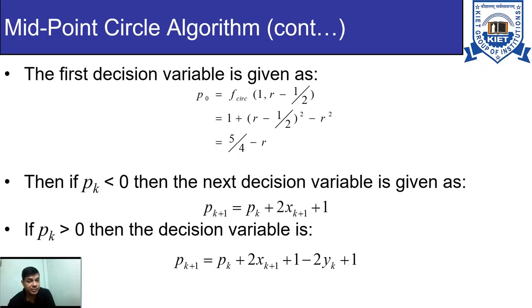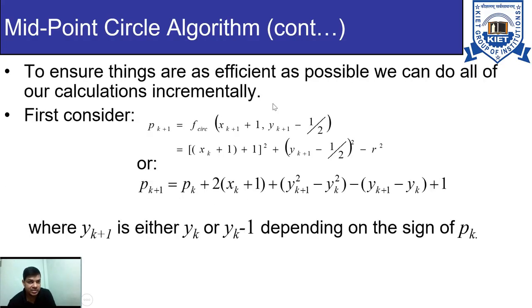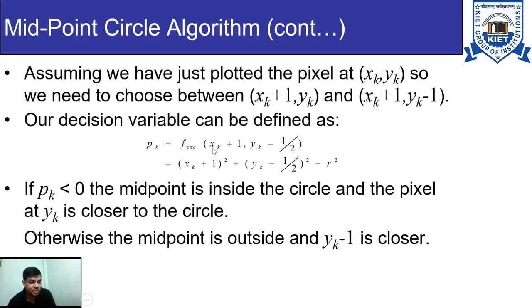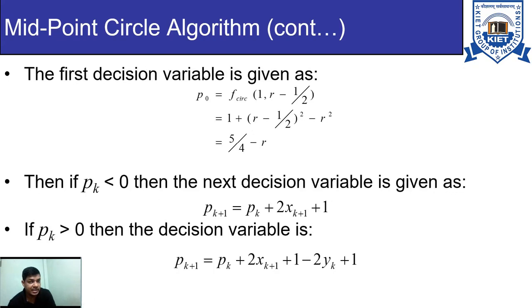And we know that the first point is what? The first point is on the circumference and it is along the y-axis, and we know that the value of x will be 0 and the value of y will be r. So you can see from this, if you are substituting the value of x as 0 and the value of yk as r, you will be able to get this equation.